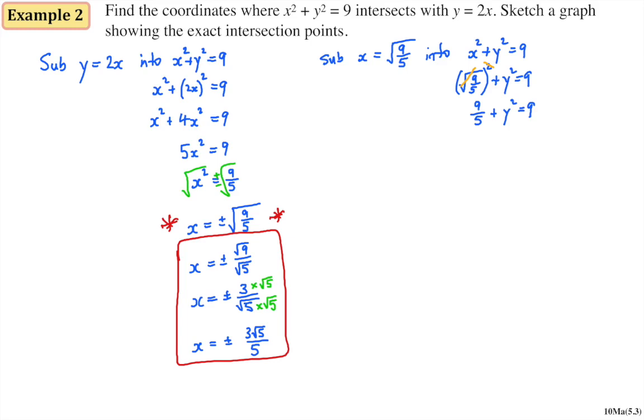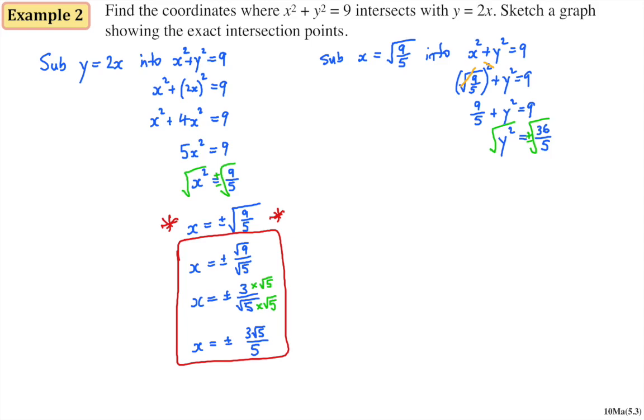Now I've got my calculator here and I'm typing in 9 minus 9 over 5. And when I do that, I get y squared equals, now 9 minus 9 over 5 is 36 over 5 according to my calculator. And remember, when you get a question like that, we need to take the square root of both sides to find out what y equals.